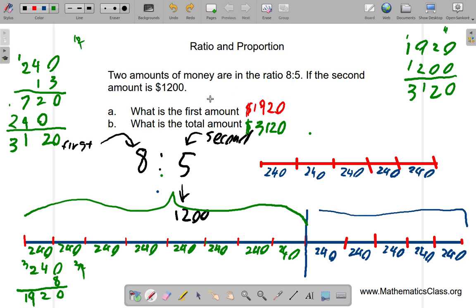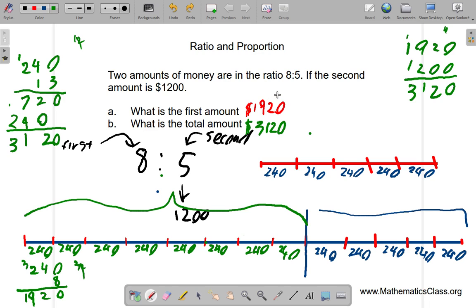You want to know the first amount. So if the second part of the share is 5 and it amounts to $1,200, then you divide the 1,200 by 5.